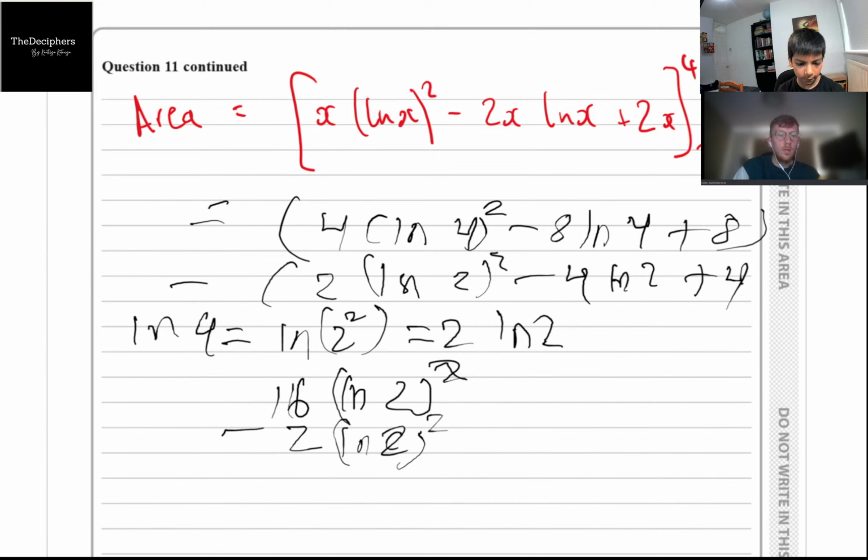Then 8 ln 4, that's 16 ln 2. Good. Minus 16 ln 2. And 4 ln 2.